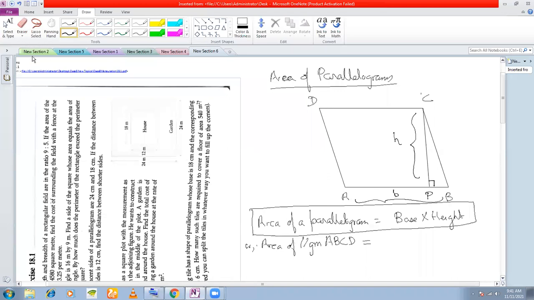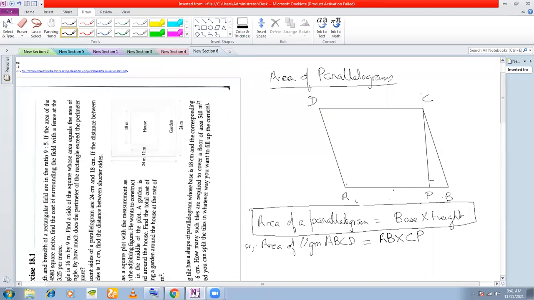So the area of parallelogram ABCD, when we consider AB as the base, CP becomes our height, so AB into CP.